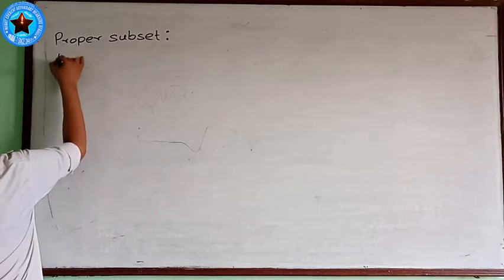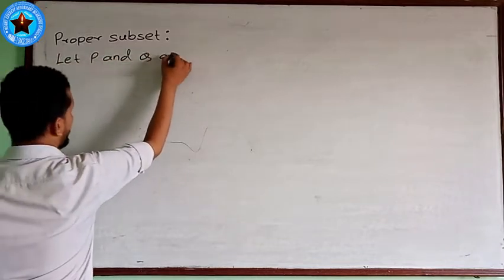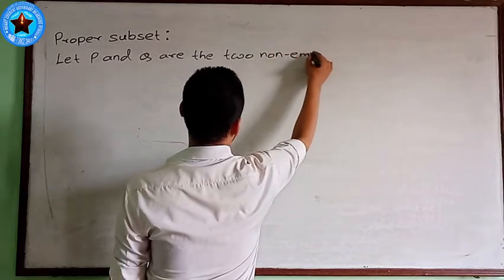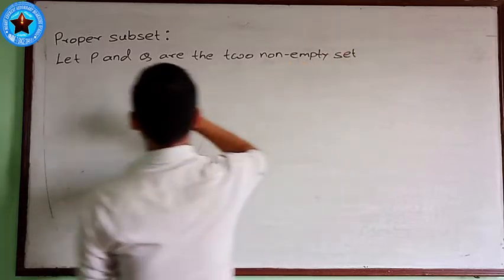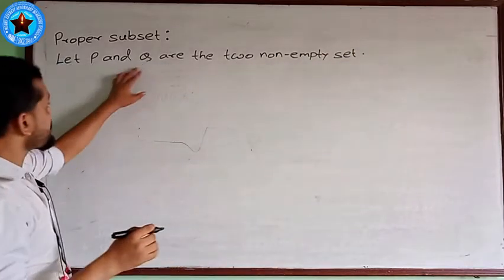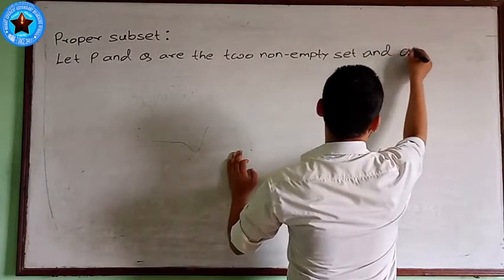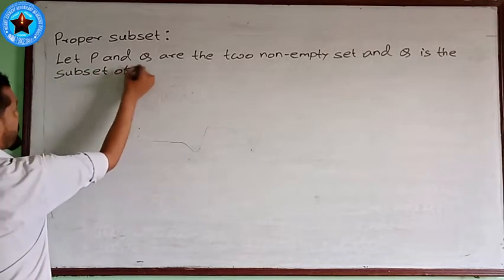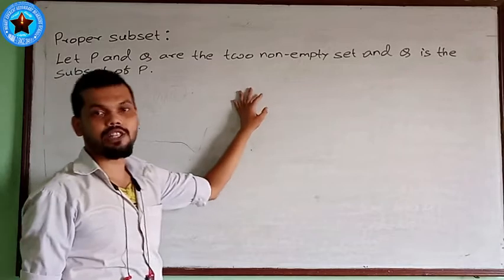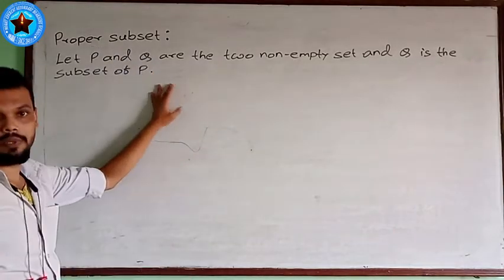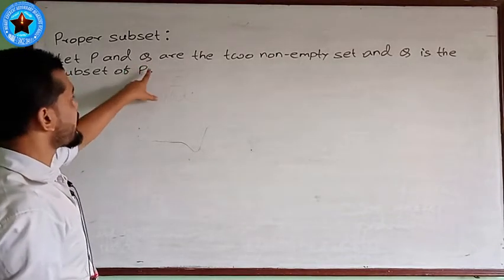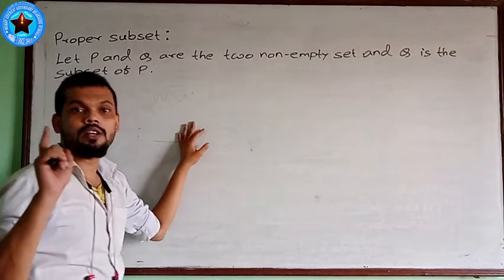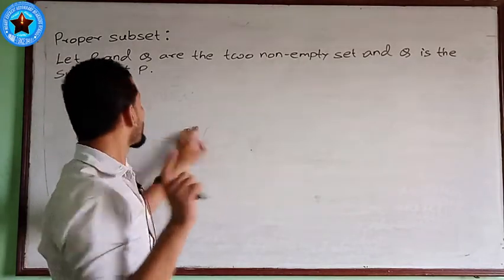Suppose P and Q are two non-empty sets, and Q is a subset of P. Then we can say that Q is a proper subset if it contains at least one element less.